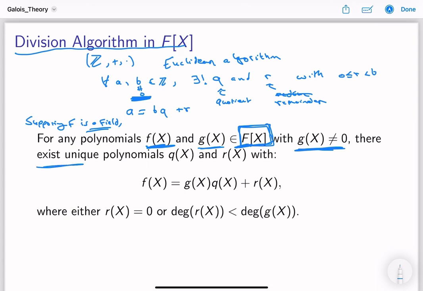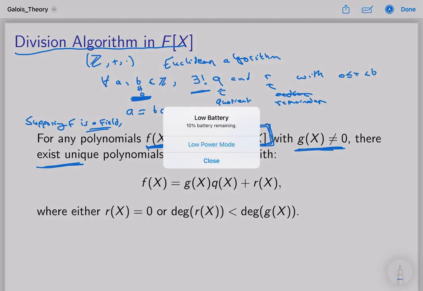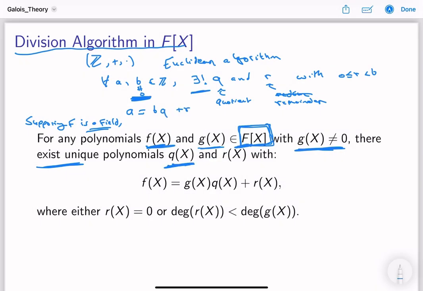Then there is a unique quotient and a remainder, polynomials q and r, such that I can divide f by g with remainder r, where the remainder can either be 0 or it must have a degree strictly less than the degree of g.